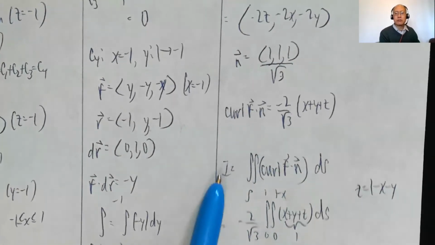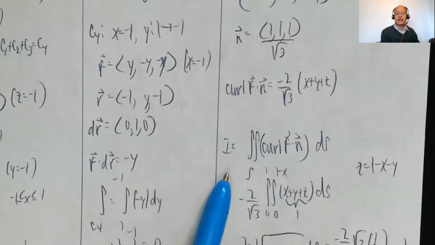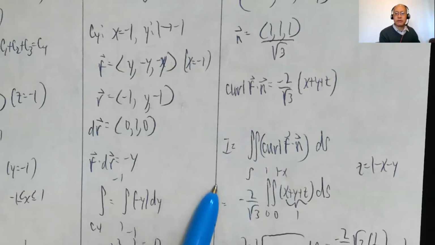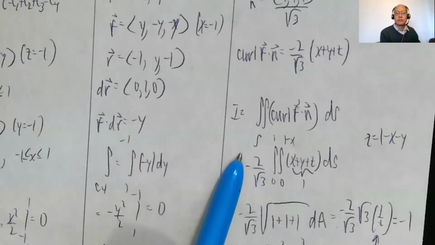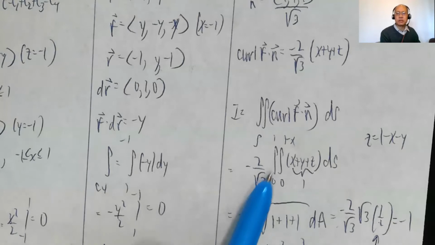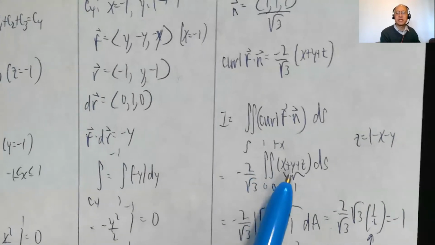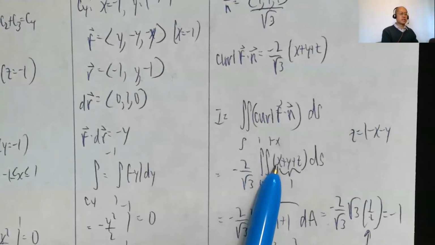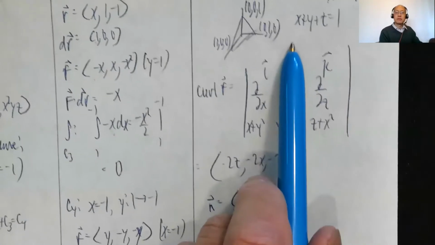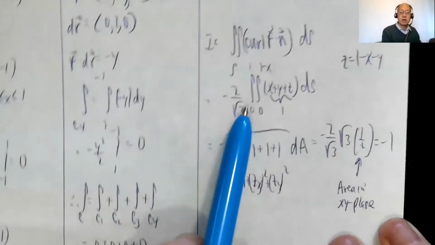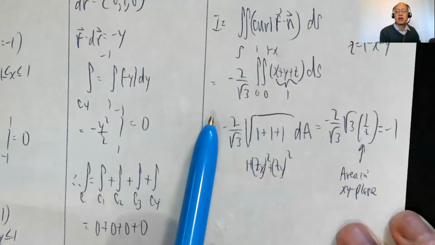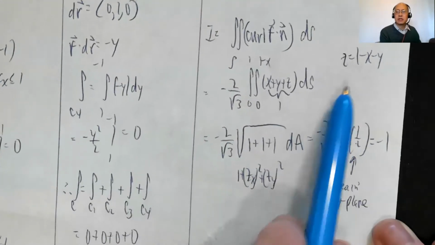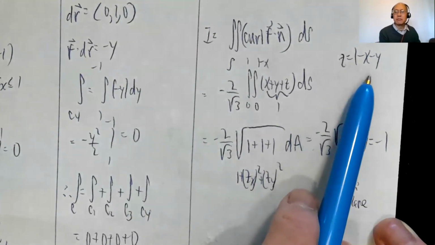So the integral is a double integral of curl f dot n dS. Take out the negative 2 over radical 3. And you're integrating from 0 to 1, 0 to 1 minus x, x plus y plus z dS. But x plus y plus z is 1. All right, so z equals 1 minus x minus y.